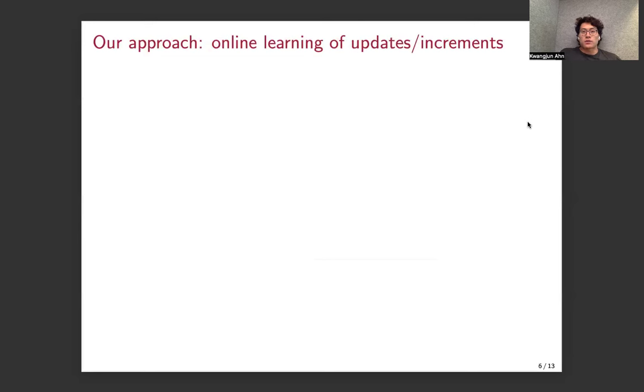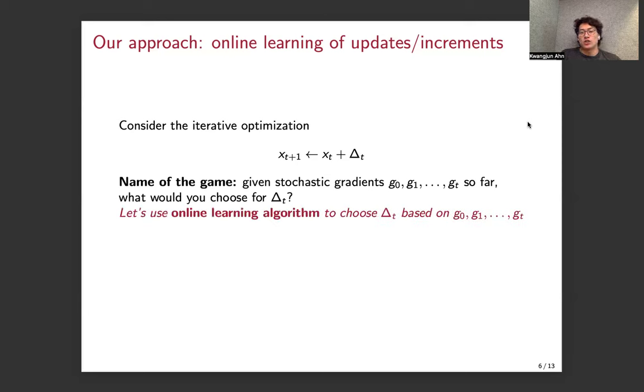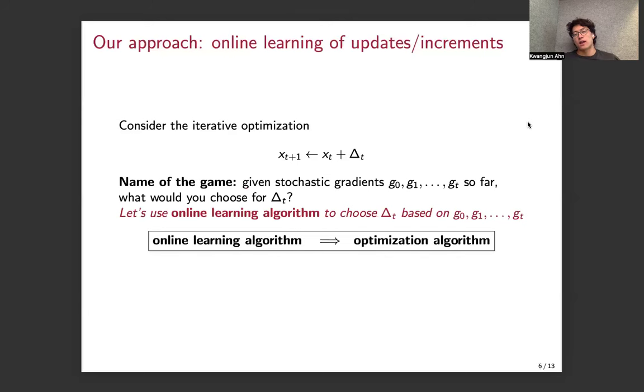So our approach in our paper is, why don't we leverage the power of this well-established field and just use online learning to choose updates or increments of optimizers. Given the abstract formalism of iterative optimization, why don't we choose delta t based on g_0 up to g_t using some online learner, our favorite online learner. This way, there's a reduction between online learning algorithms and optimization algorithms. Whatever favorite online learner you have, you can come up with an optimization algorithm.